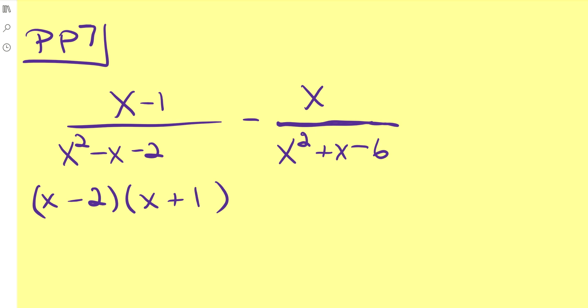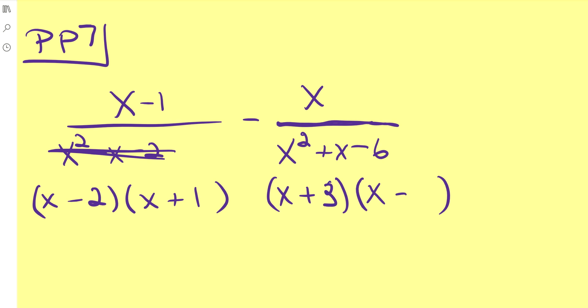Negative 2 plus 1 gives me that negative 1 for the middle. Negative 2 times 1 is negative 2, and that checks out for my constant. All right, so that's gone. And this trinomial, I'm going to factor it the same way. x and x, plus and minus, and then how about 3 and 2?